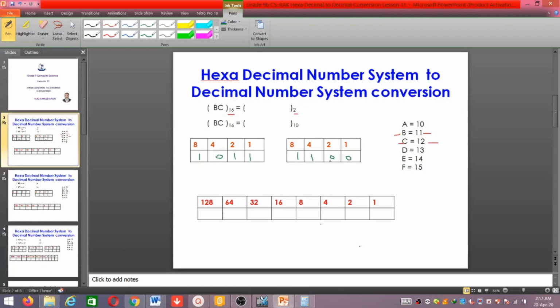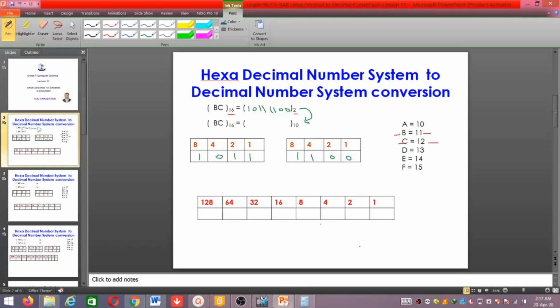So the binary code is this one: 1 0 1 1, and then I have 1 1 0 0. Now I will convert this into decimal.